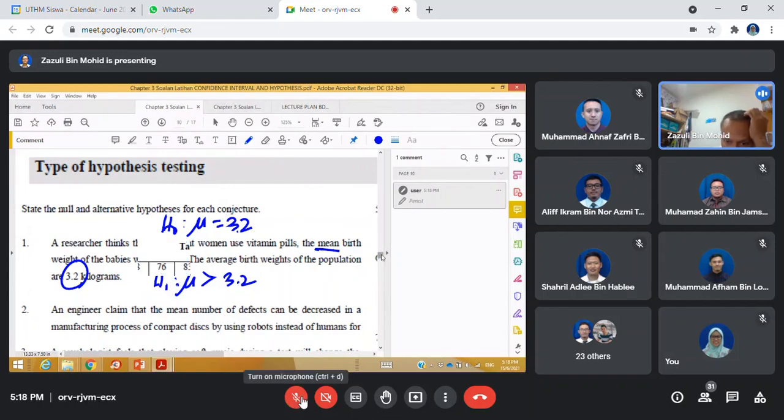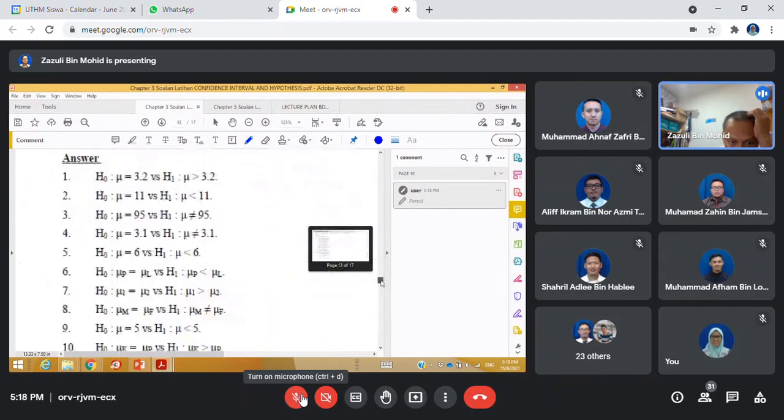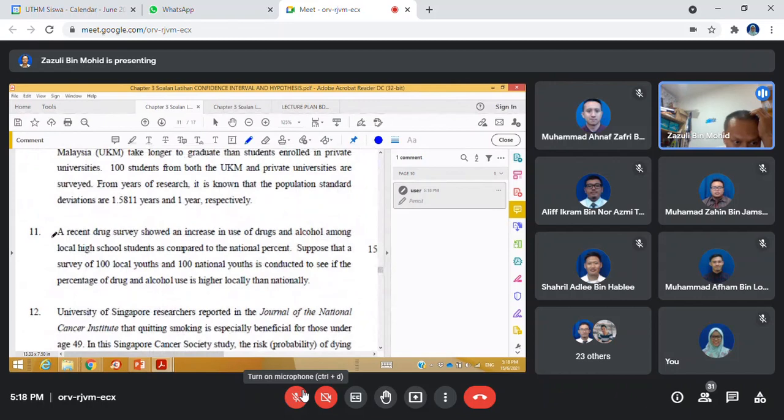Is that simple? So contoh lagi satu, another example here is number 11. A recent drug survey showed an increase in use of drugs and alcohol among local students as compared to the national percent.